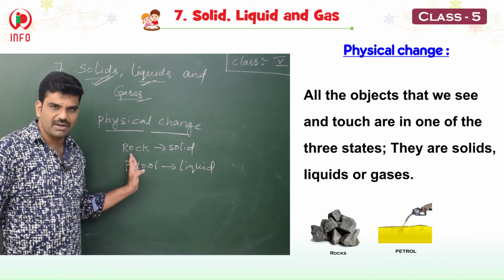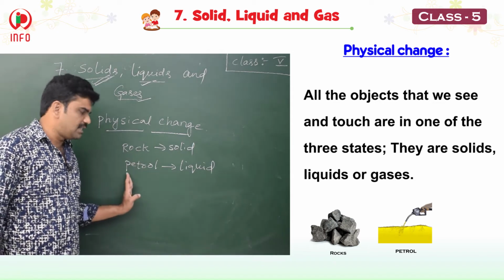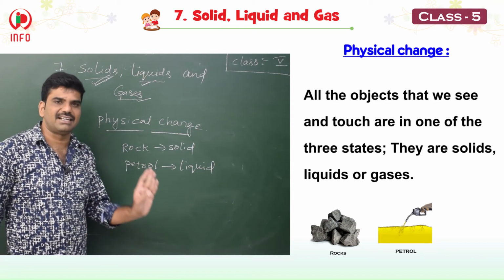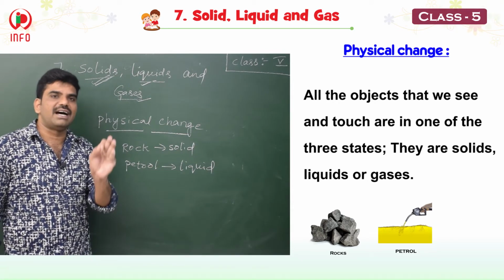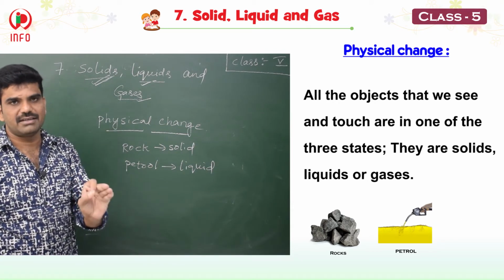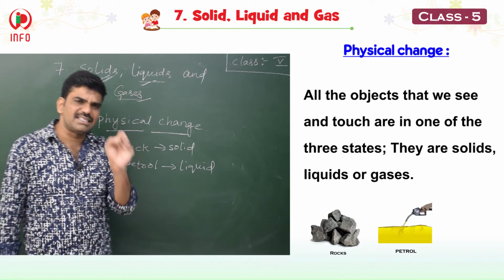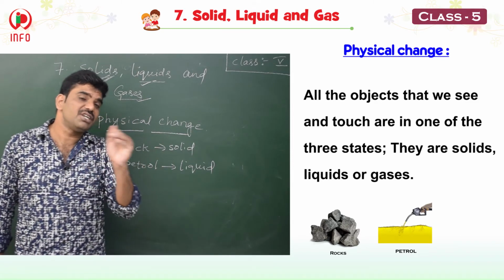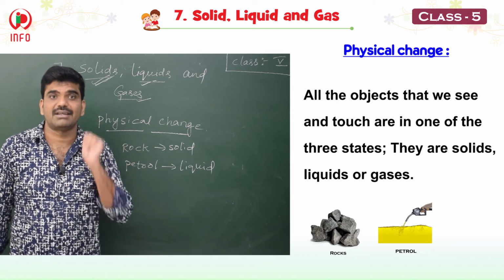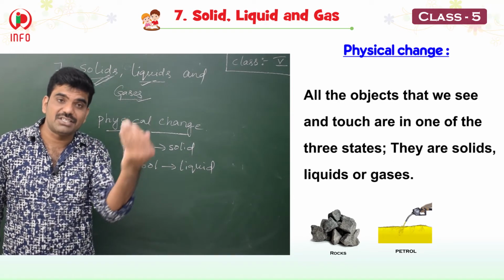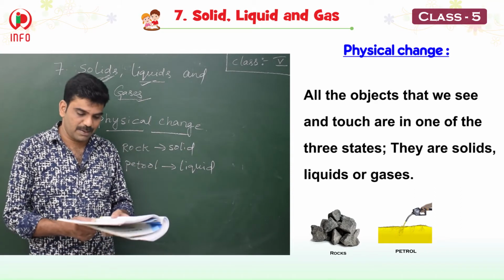We see the rock as a solid, we see the petrol as a liquid, and we think that these exist in the same state. If you see the ice, that is a solid. Can ice exist in the same state or can it be changed to water? Yes, it can be changed to water. Even the water can be changed to vapor.